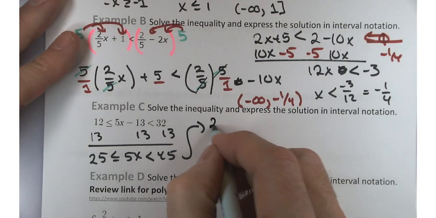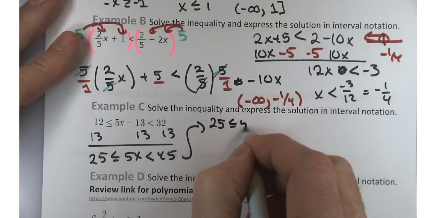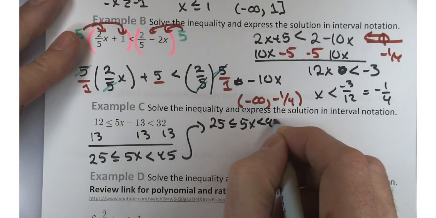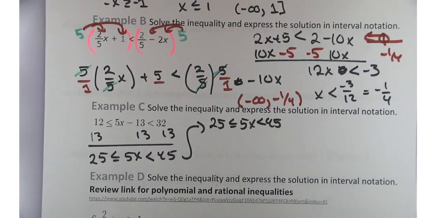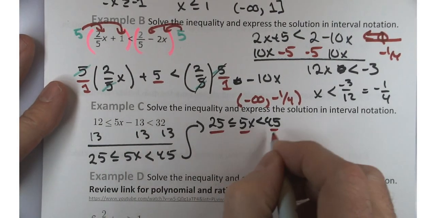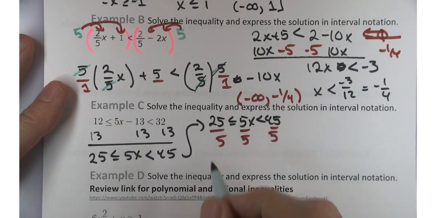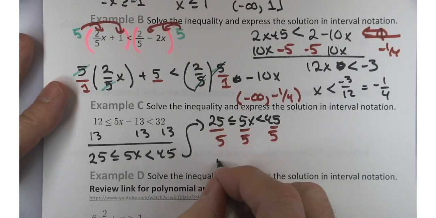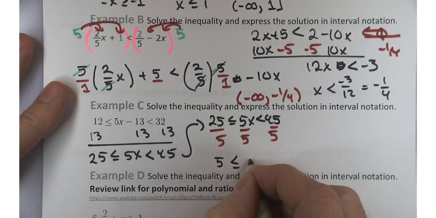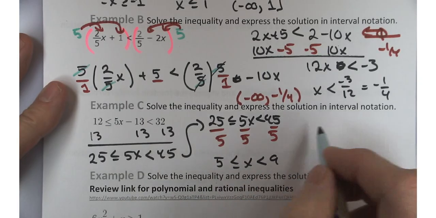All right. What next? Divide by 5. Wonderful, thank you. So divide by 5. 5 is less than or equal to x is less than 9.